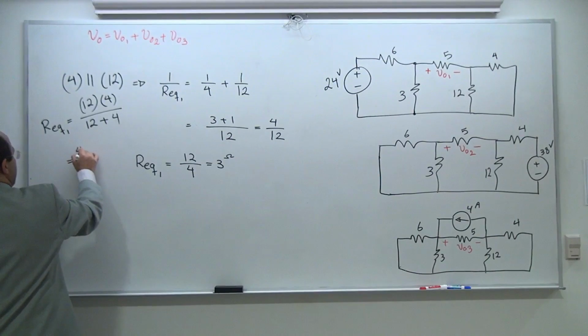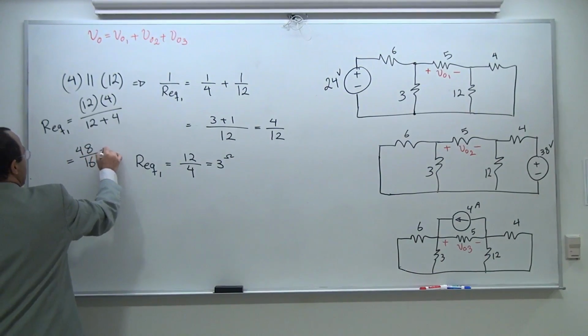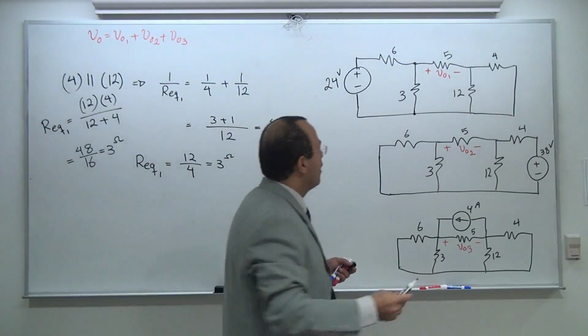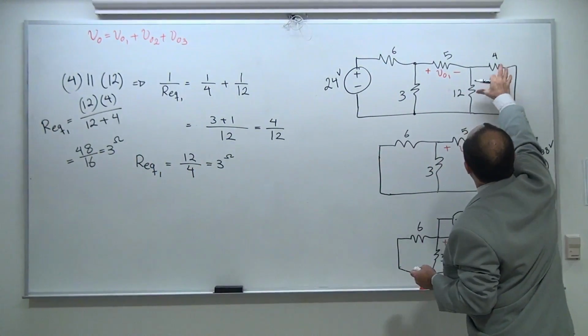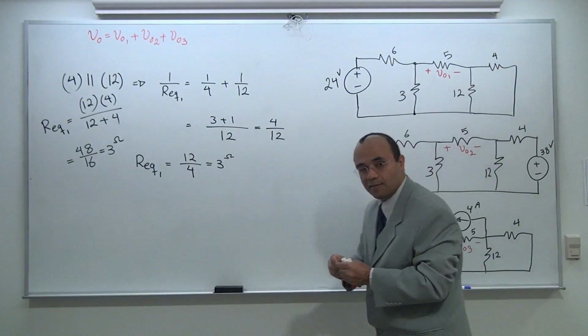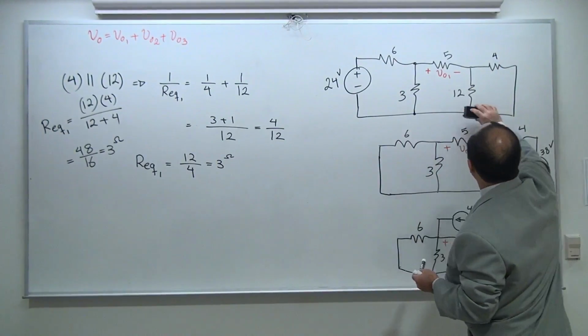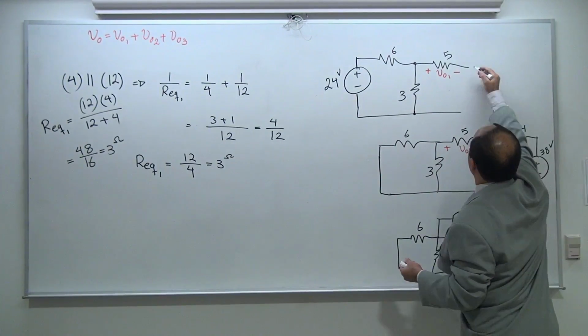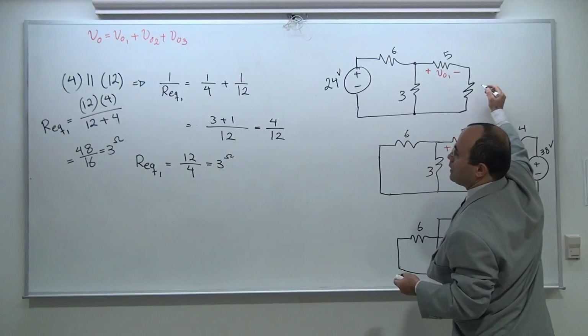So this is 48 divided by 16. That's going to be 3 ohm. What did I do? I simply said 4 and 12 are in parallel, and I'm going to replace it, if you don't mind, with a resistor. So this one is going to be replaced with one resistor. That's 3 ohm.